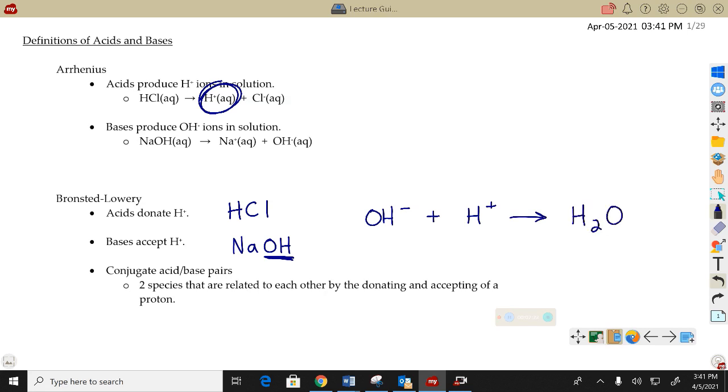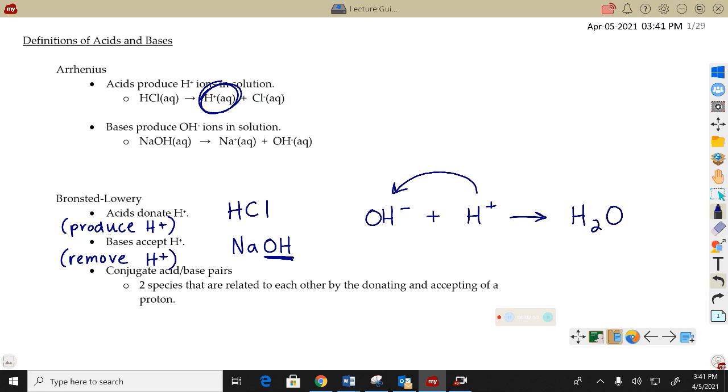So by saying it's a hydrogen acceptor, we mean that it can remove hydrogen from the solution. I'll even put that there. The acids donate or produce hydrogen, and the bases can accept or remove hydrogen ions from a solution.